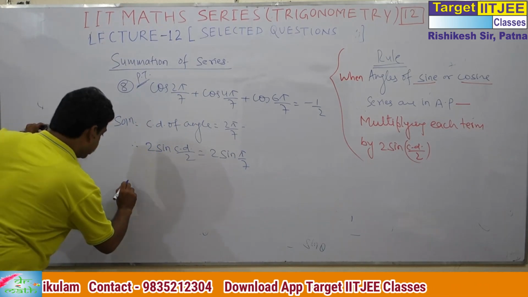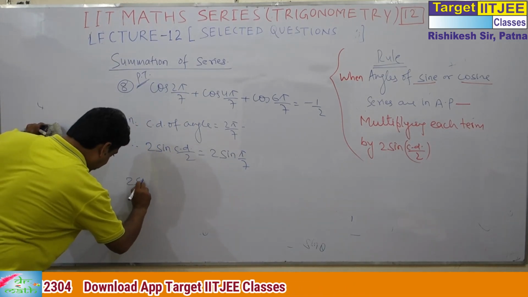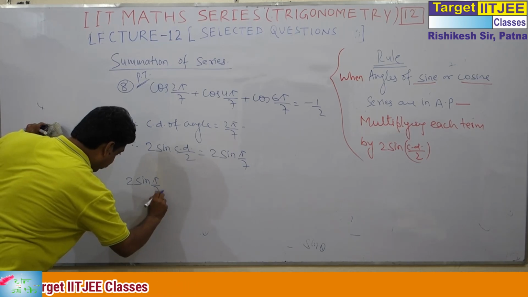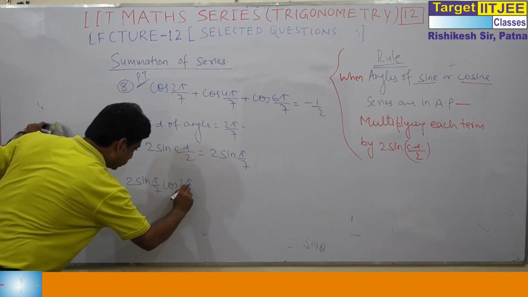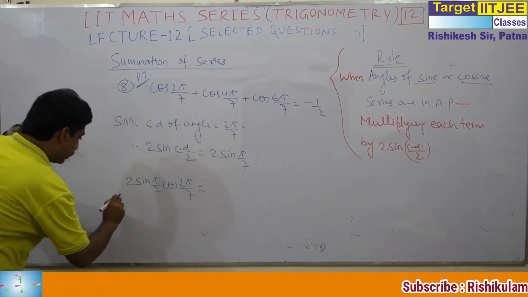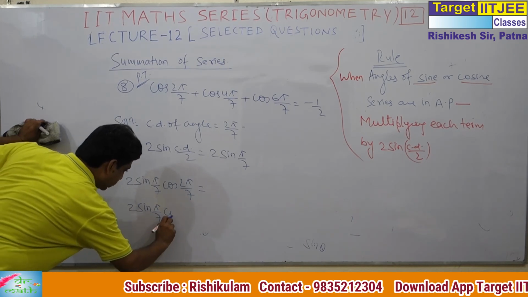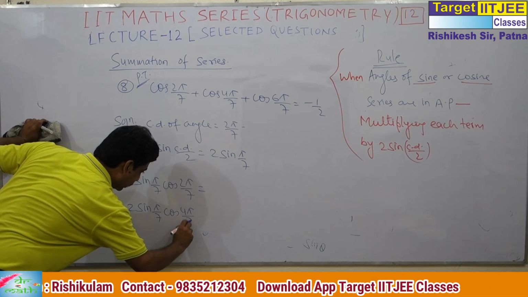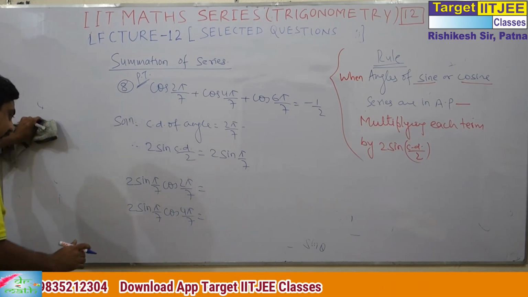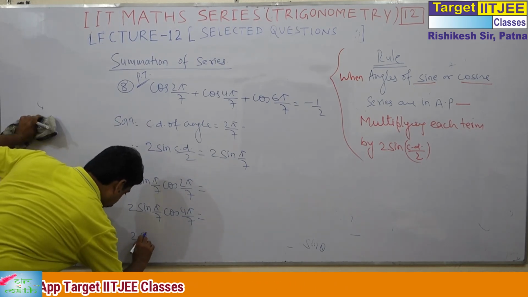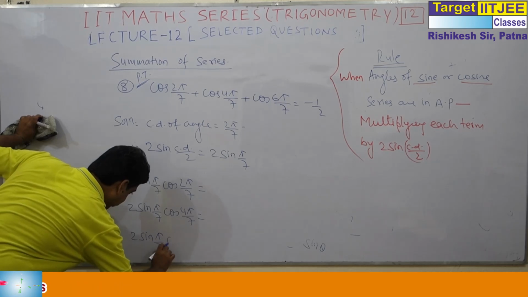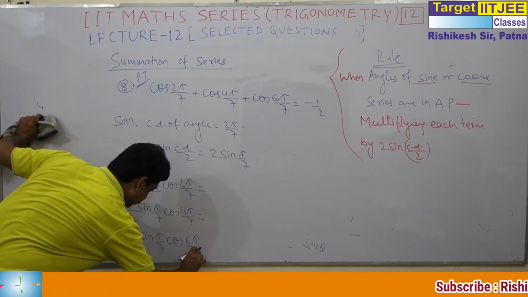Now write 2 sine pi by 7 into cos 2 pi by 7. Right. 2 sine pi by 7 into cos 4 pi by 7. And write 2 sine pi by 7 into cos 6 pi by 7.